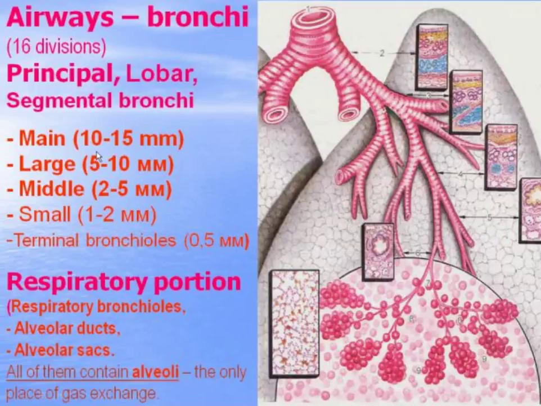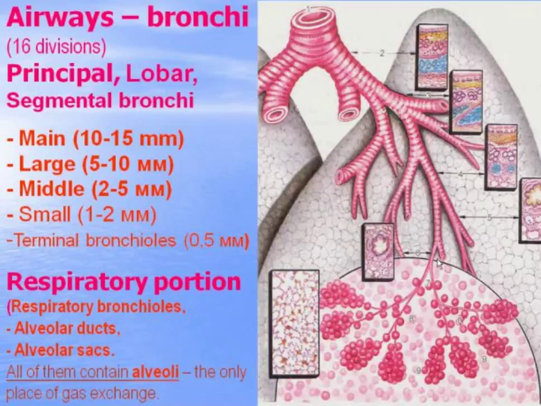The size, diameter of bronchi significantly decreases. Bronchi divide 16 times into 2 branches, and from one principal bronchus more than 1,000 small bronchi appear. So it really looks like a bronchial tree.